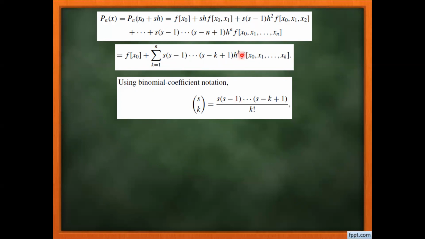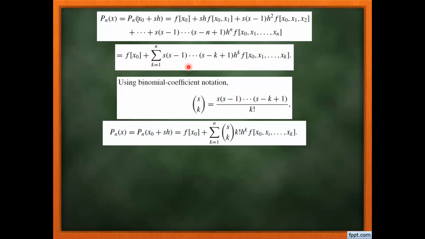I can multiply with k factorial here and divide by k factorial to write it in a more compact form, which will be s choose k times k factorial. So this k factorial appears here because I multiply and divide with k factorial to replace this term with the binomial coefficient form. But don't worry, we might not be regularly using this form. This form is sufficient to use.